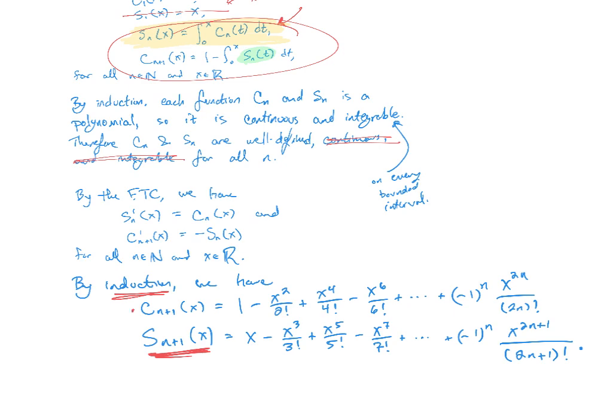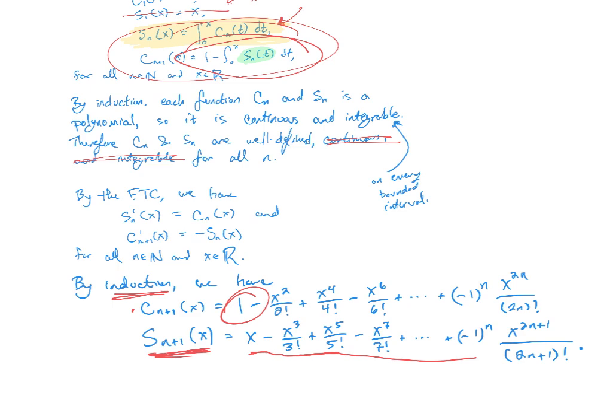Well, Cn plus 1 should be 1 minus the integral of Sn. You get the 1 minus, and then you imagine integrating Sn, and you see the signs, because of the minus, the signs are going to flip. Okay? So, by induction, we're going to get those formulas.